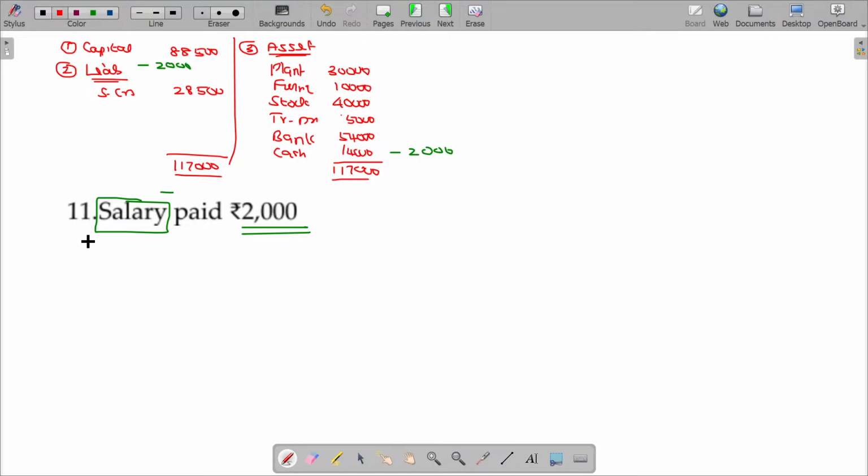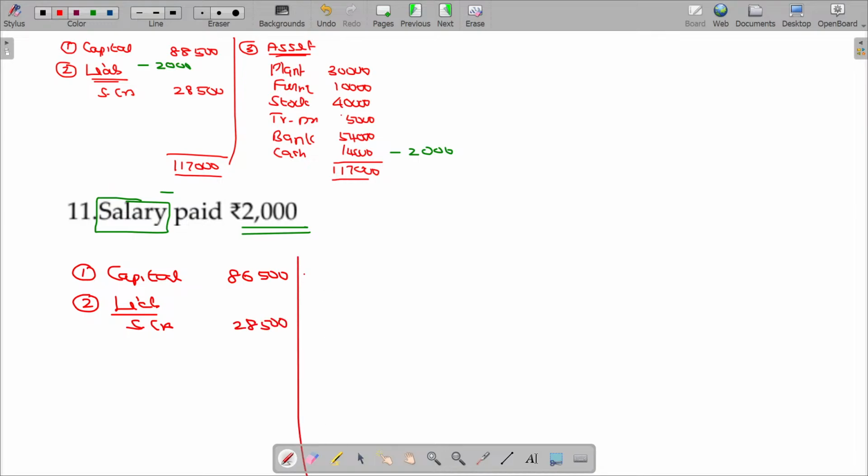Now the entry being capital. This value being 86,500. Second, liabilities, under that we have sundry creditors, this value being 28,500. Third block is all about asset. All assets remain the same except cash.